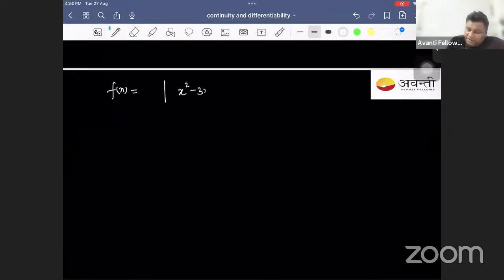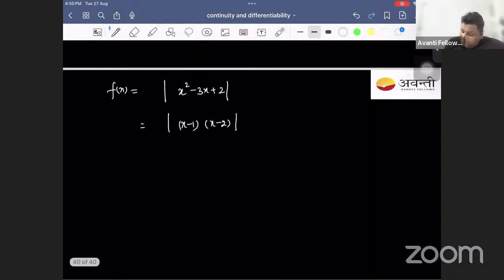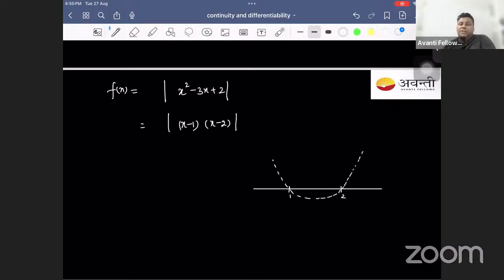Now see another function, if I see f(x) is mod of x square minus 3x plus 2. Now they are asking for the points of non-differentiability for this function. Do you realize it is mod of (x minus 1) into (x minus 2)? See, a quadratic with roots as 1 and 2 will be something like this. Now you take mod of this f(x).